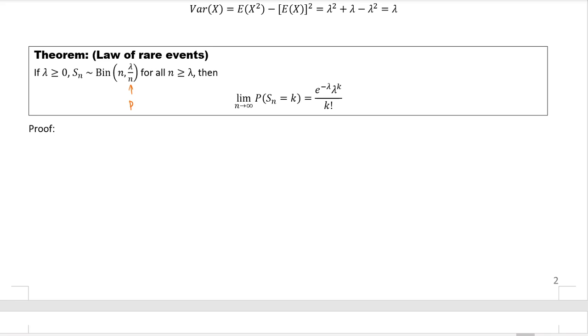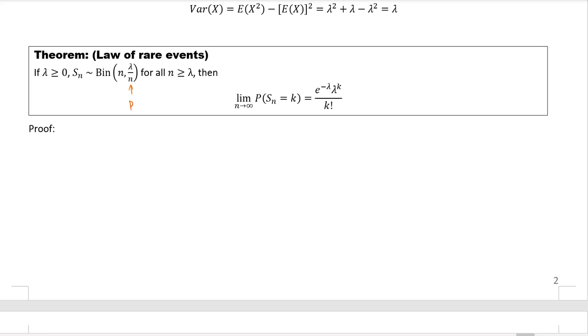Then, in the limit as n goes to infinity, the probability of Sn equals k equals the Poisson PMF. So this means that when n is large, we can use the Poisson distribution to approximate the binomial distribution.